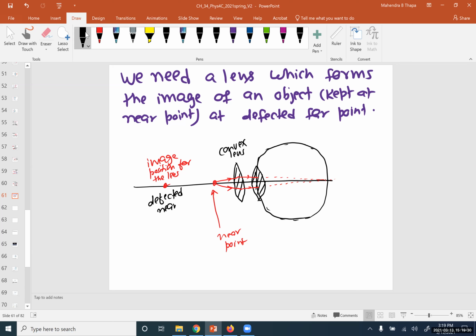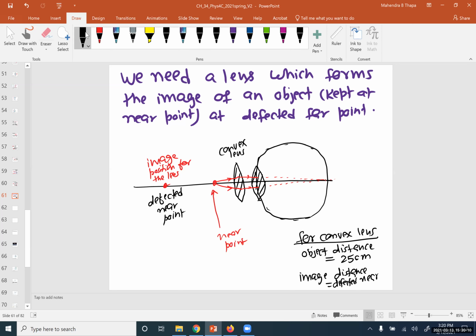So for the convex lens, the object distance is nearly 25 centimeters, or it will be given, and the image distance will be equal to the defected near point.